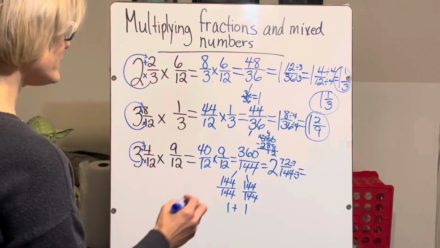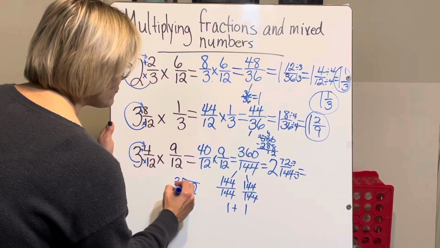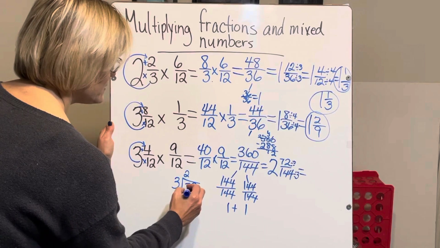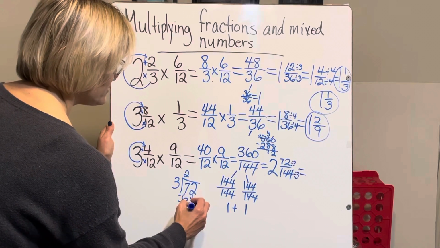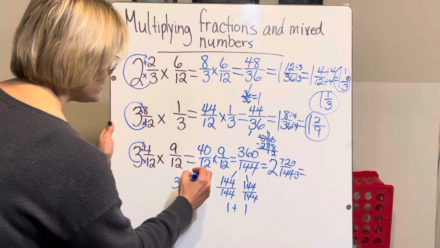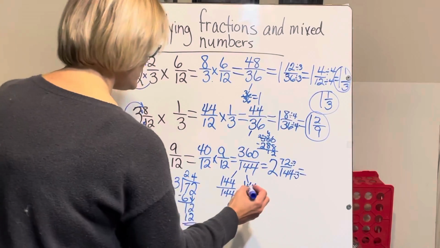So now I've got to figure out 72 divided by 3. 2 times 3 is 6. 7 minus 6 is 1. Bring down my 2. Then I have to find something times 3 is 12. I've got 4. Okay, so there's 24.